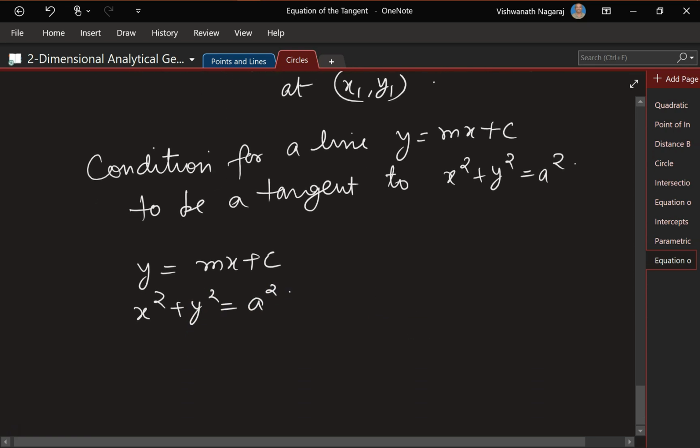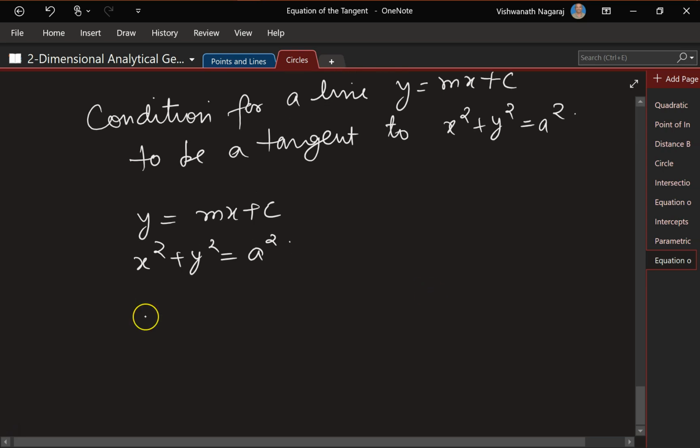A point which is common to both means what? We have to combine these equations. So let's combine them. x square plus, now we do the substitution, mx plus c square is equal to a square. Let's open it up.